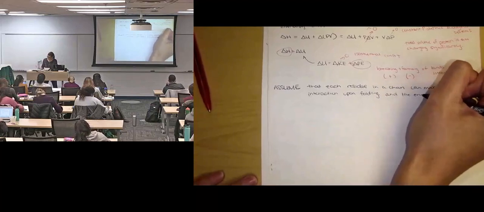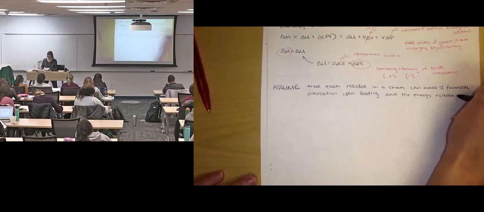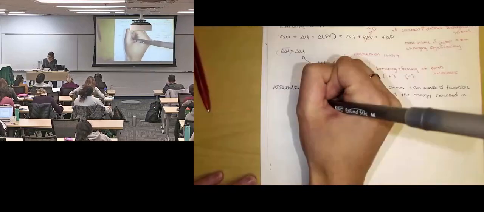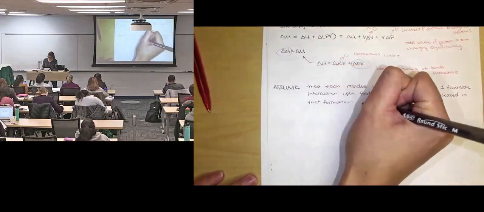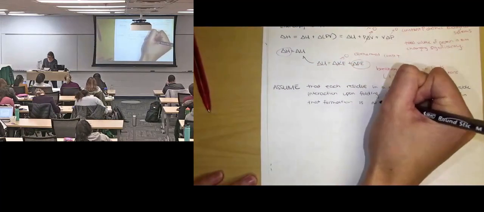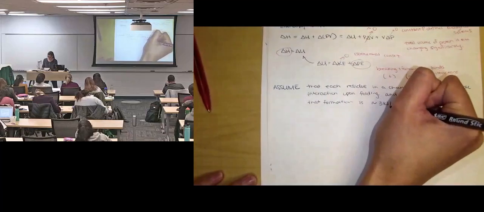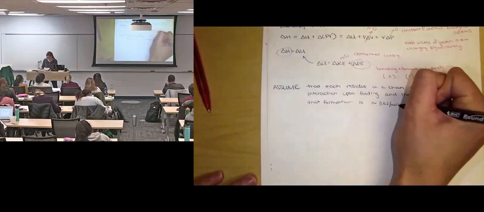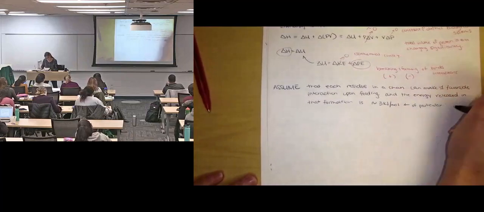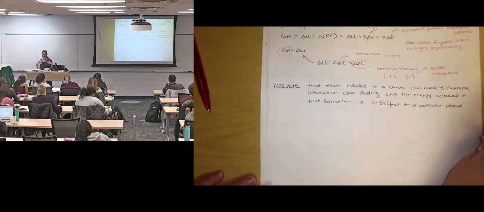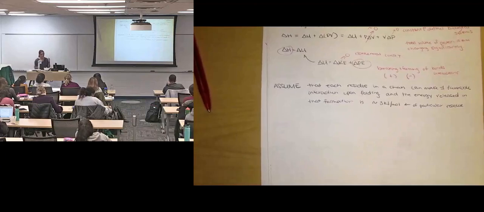And the energy released, and we say it's released because when we make an interaction, we're releasing energy, in that formation is approximately 3 kilojoules per mole of the particular residue. I'm still talking about a whole mole of proteins.